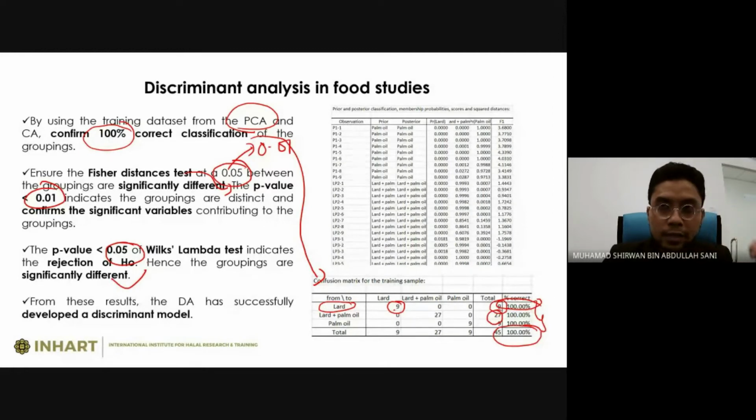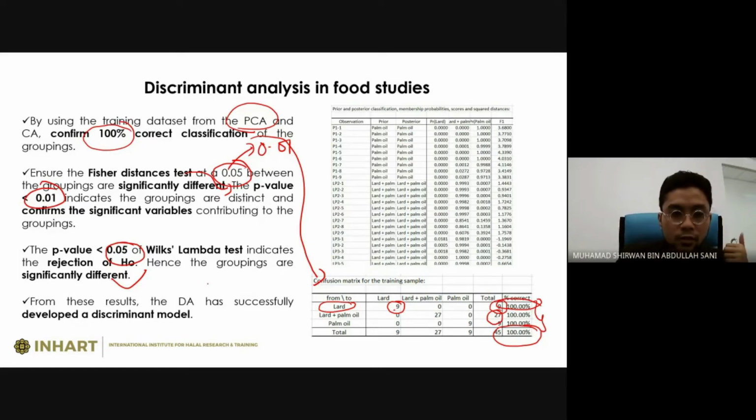So there are 3 requirements to confirm that your data are really able to become a good database, and the discriminant model that you develop is able to correctly classify your samples qualitatively. Okay, so from here, the first one is to confirm the correct classification like this, and then your Fisher distance test should have a significant difference, and then the p-value should be less than 0.01 or 0.05, and then you also have the Wilks' lambda test.